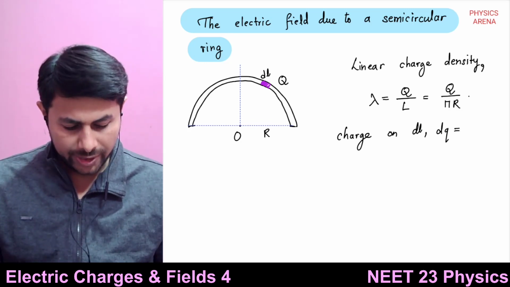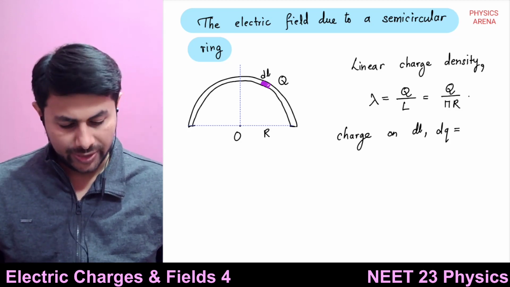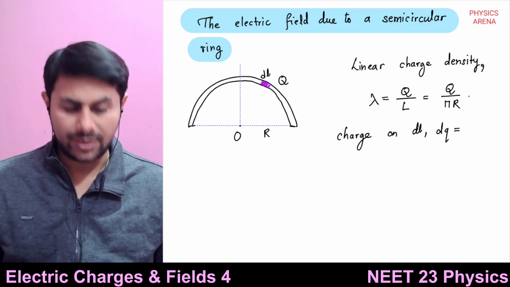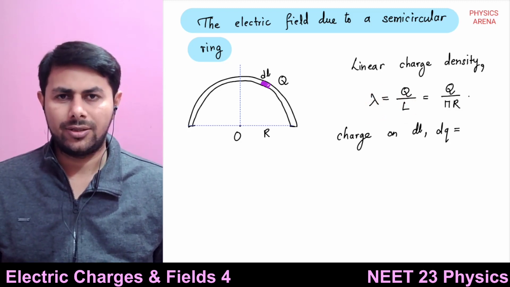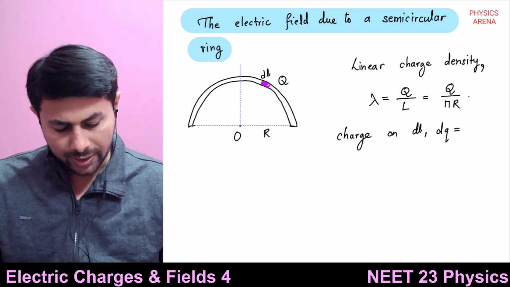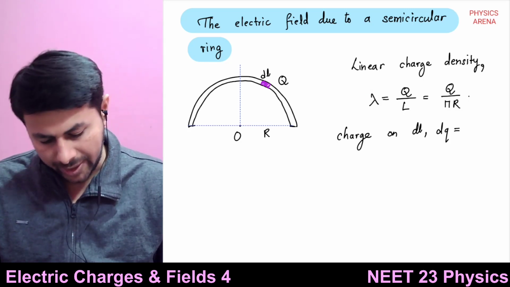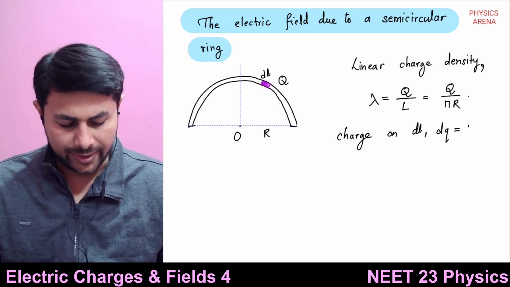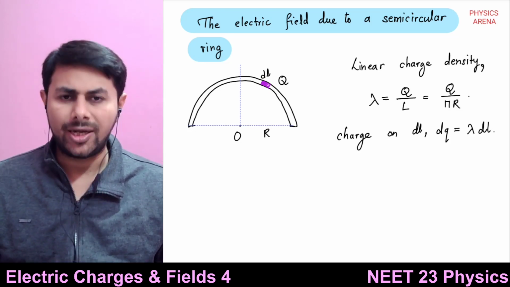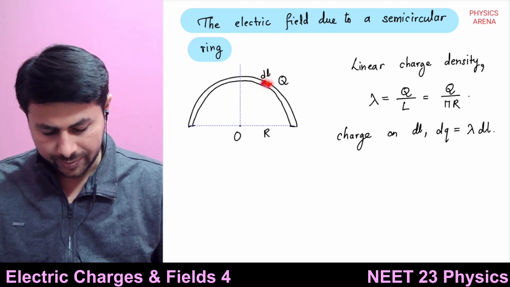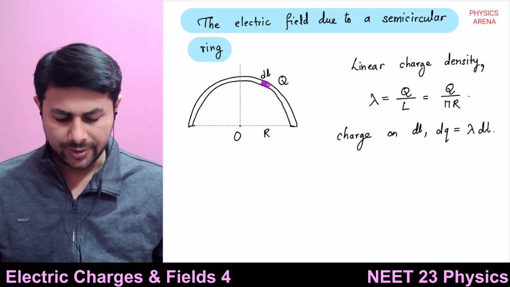The charge is uniformly distributed, so charge is equal to linear charge density multiplied by length. So dq is lambda multiplied by dl. That is the charge on this length element, right?